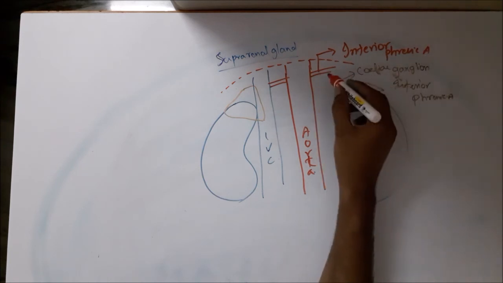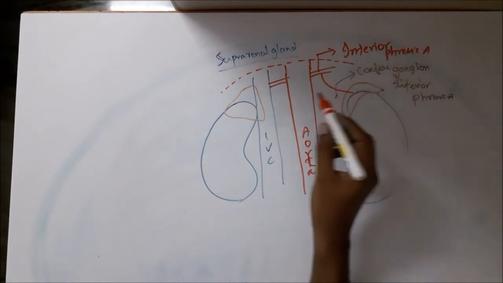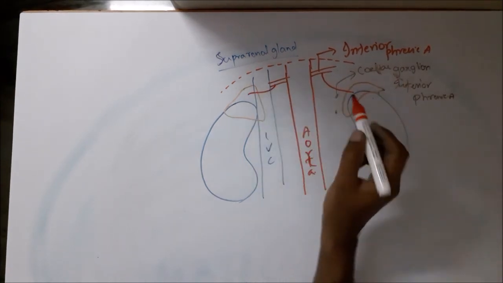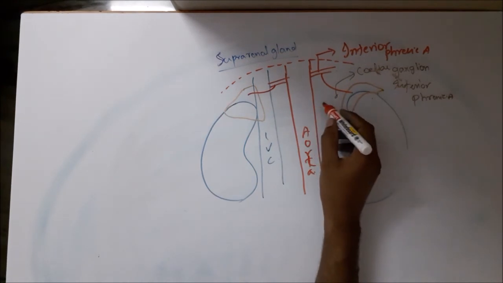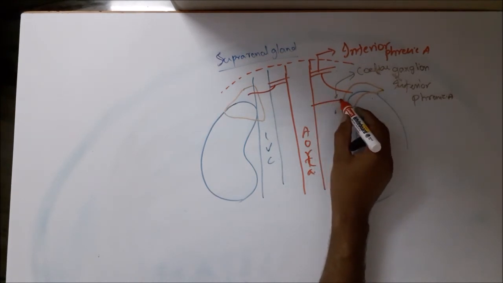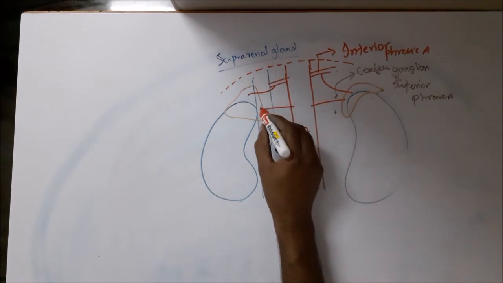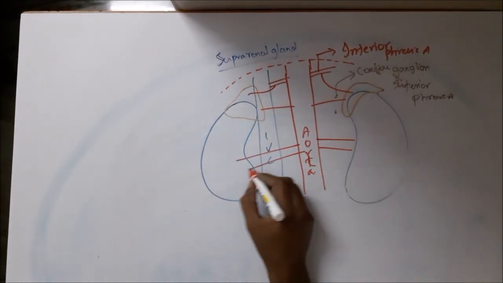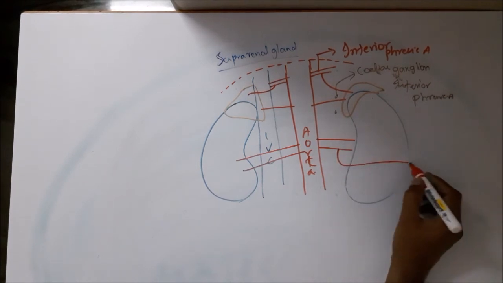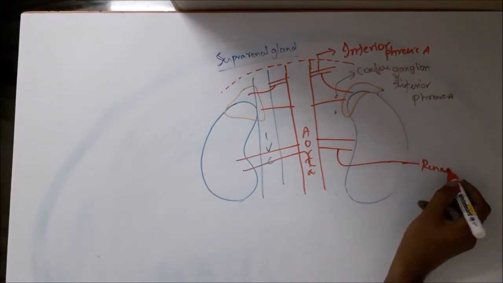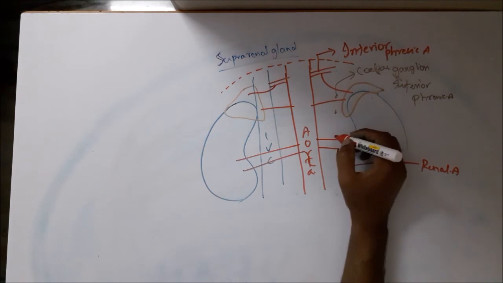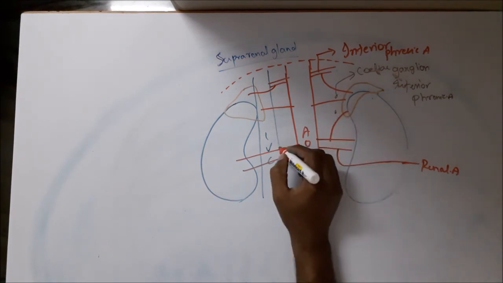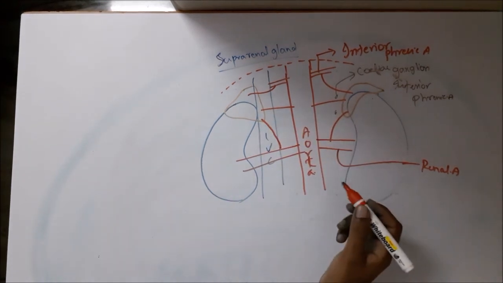From that there is a branch going to this suprarenal gland. Then one more branch directly coming from the abdominal aorta. Then lower down, these are the renal arteries. So from these there are a pair of arteries going to this suprarenal gland.